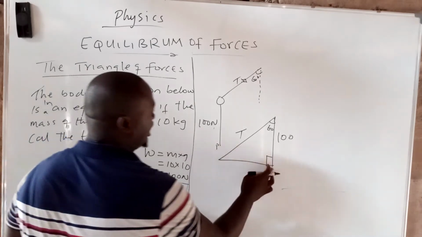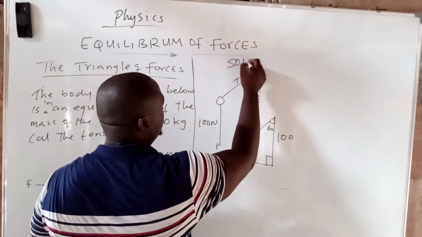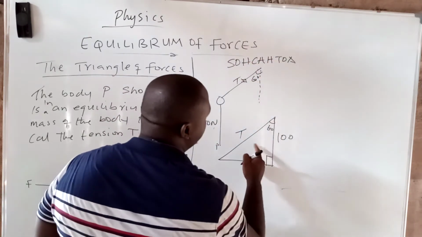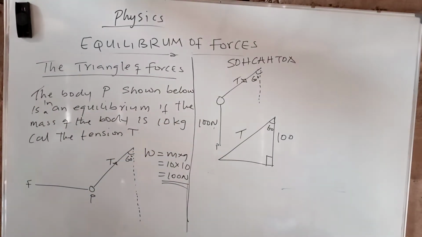This is a right angle triangle. Now using the principle of SOHCAHTOA, remember, we have the opposite to 90 degrees. So what I want to do right now is, cos is adjacent all over hypotenuse.